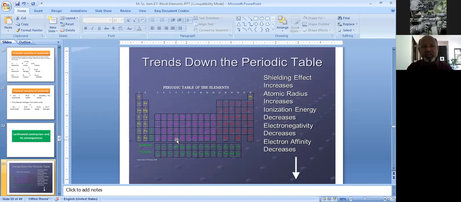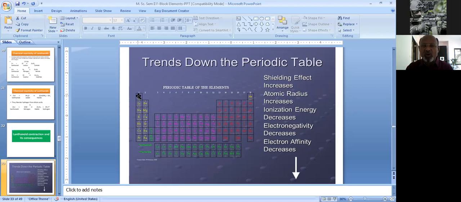In a period, electrons are added to the same shell, but if we travel down any group, electrons are added to a new shell. Because electrons are added to a new shell, the shielding effect increases, which decreases the nuclear force of attraction on the outermost or valence electron, and hence size gradually increases as we travel down any group.